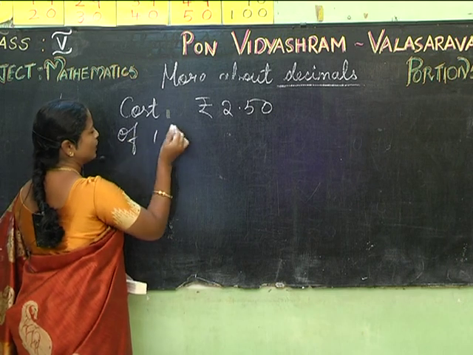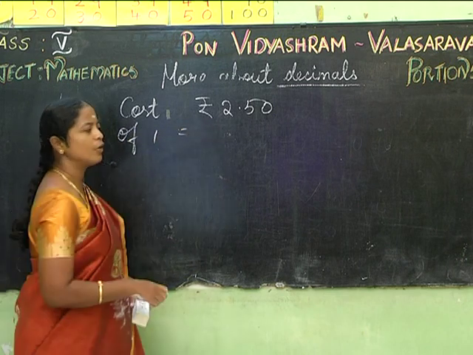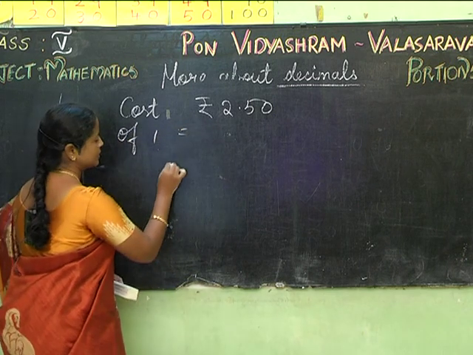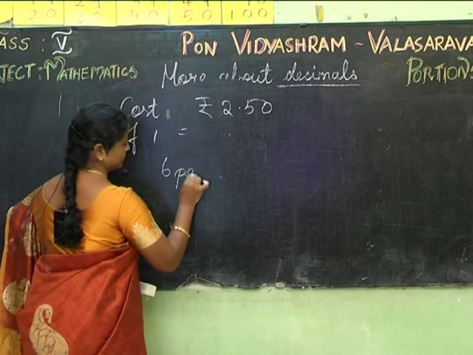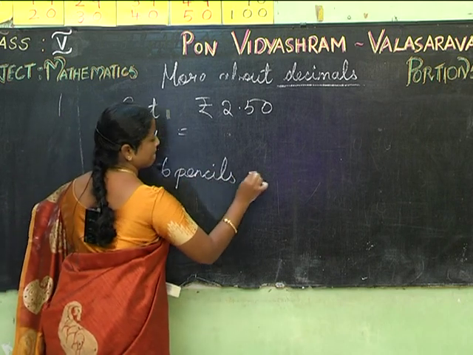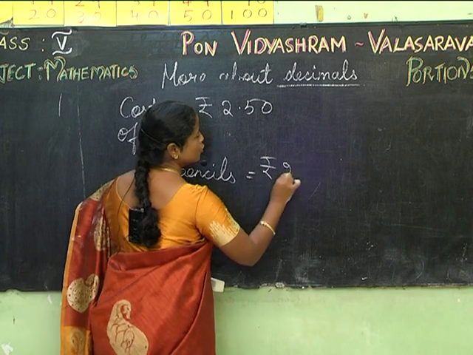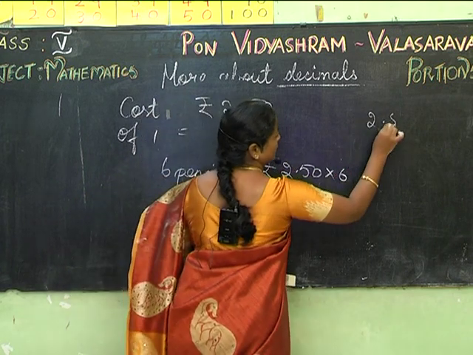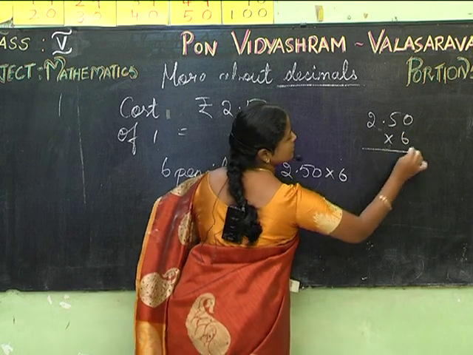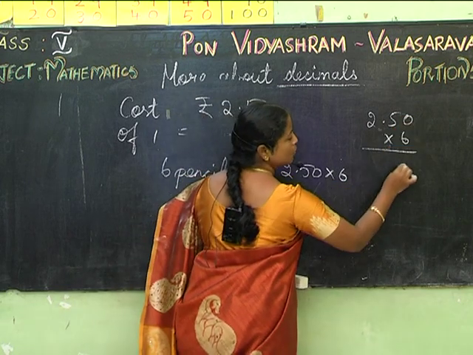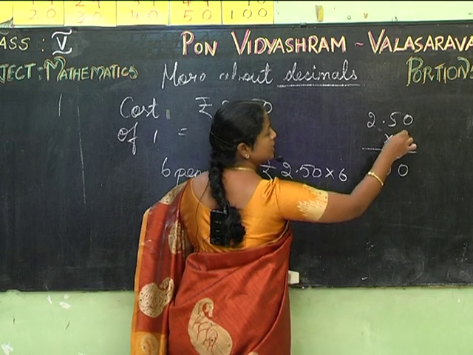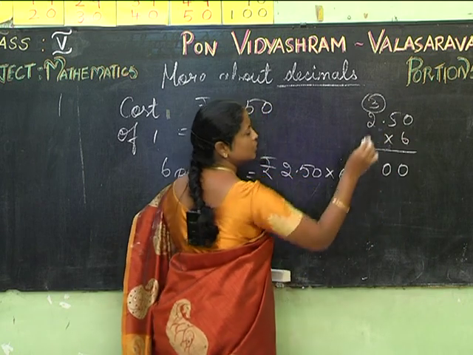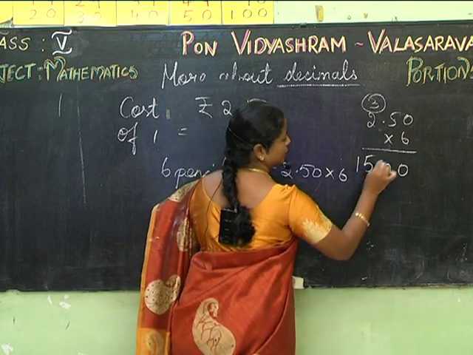Cost of one pencil is 2.50, and for 6 pencils, that is rupees 2.50 into 6. 6 zeros are 0, 6 fives are 30, 3, 6 twos are 12 plus 3, 15.